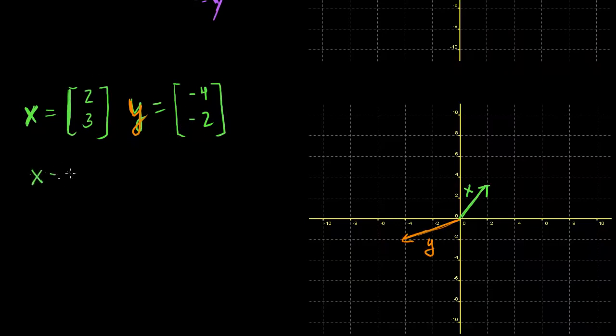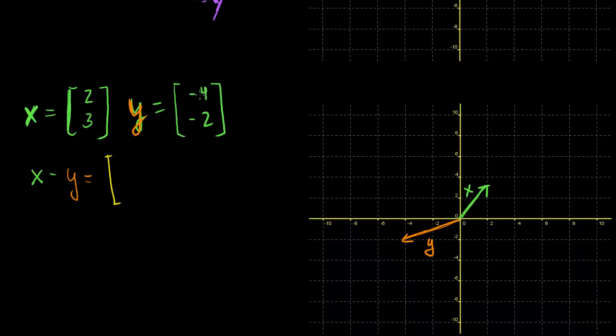Now, what is x minus y? Well, we could view this as 2 plus -1 times this. Or you could just say 2 minus -4. I think you get the idea now. But we just did it the first way last time because I wanted to go from my basic definitions of scalar multiplication. So x minus y is just going to be equal to 2 plus -1 times -4, or 2 minus -4.